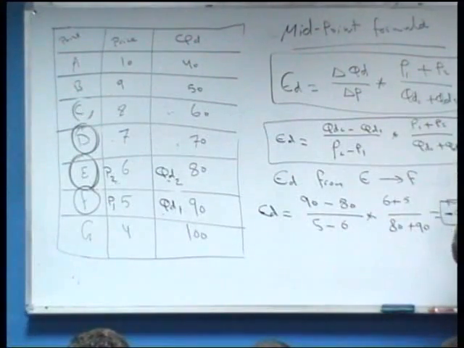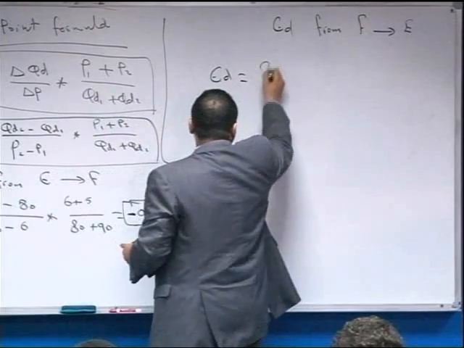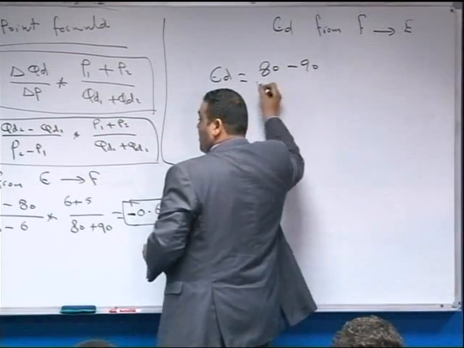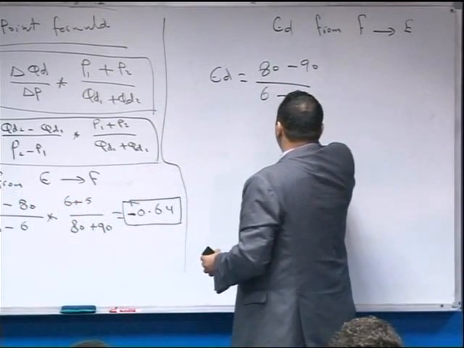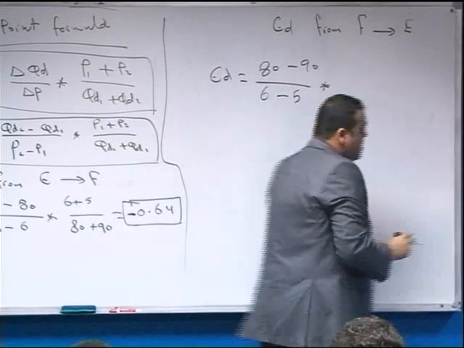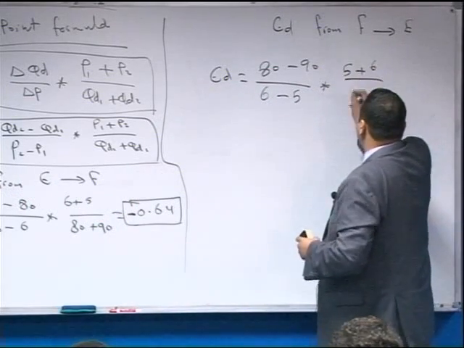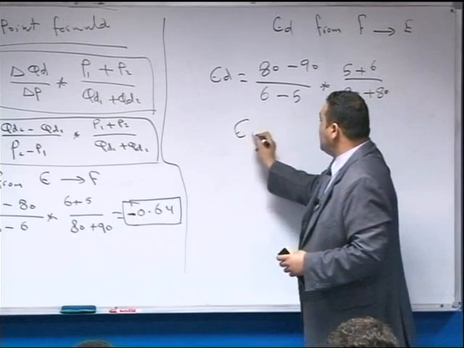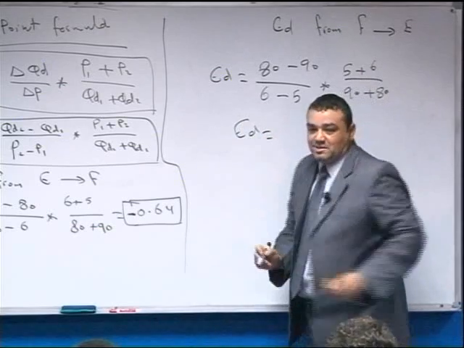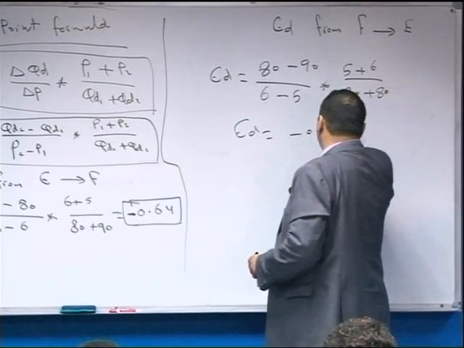Substitution: ED equals QD2 80 minus 90, over P2 5 minus 6, times 5 plus 6 over 90 plus 80. ED equals the same result, minus 0.64.